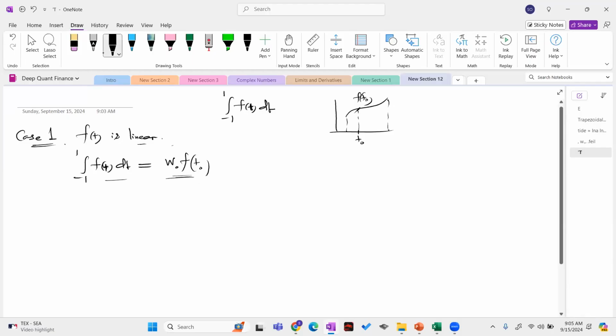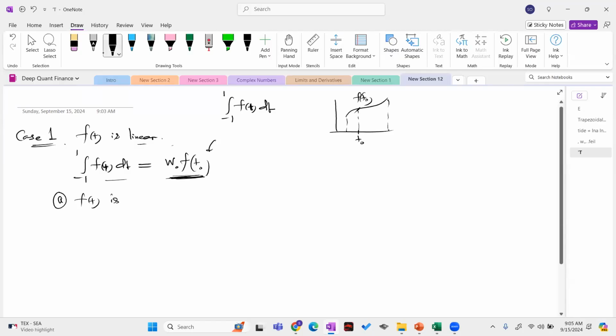Okay, so let's do this. First condition is, condition A: I should be able to use this till degree 1. So that includes f(t) being either a constant or a linear function. Till that point I should be able to use this approximation.